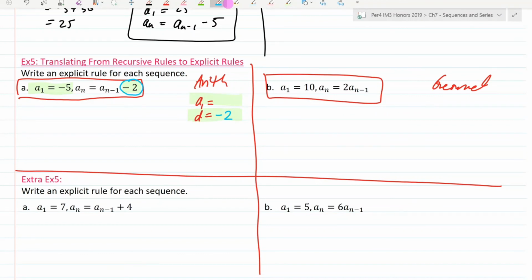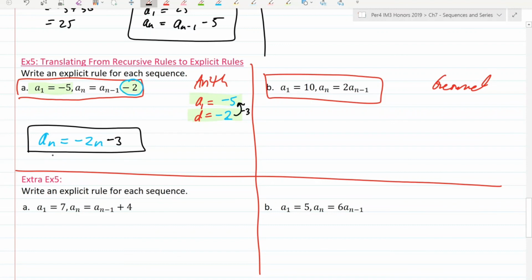So the first term is -5. So your formula will be -2n, and then remember to figure out what we're going to add. So basically you're saying, how do I get from -2 to -5? You have to subtract 3.